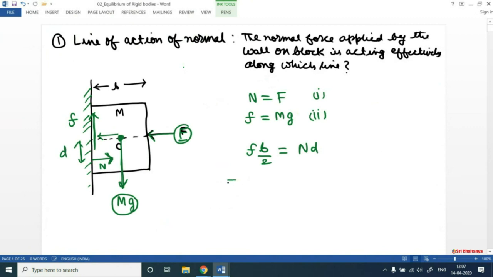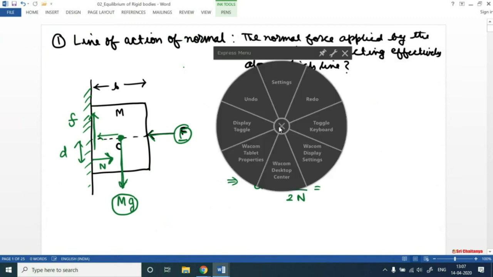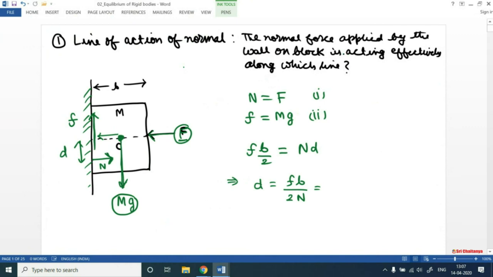So here we are able to get the value of d, that is nothing but f b by 2N. And before that we have already established that the value of f is equal to mg, so that will become mg b, and the value of normal is capital F.